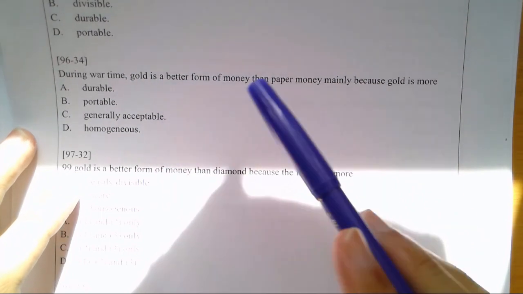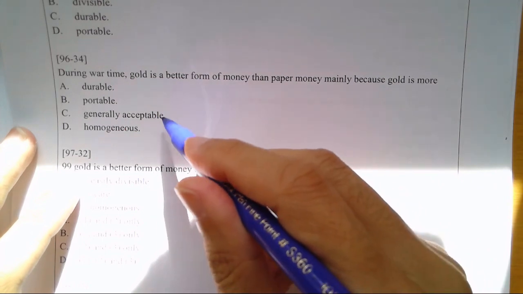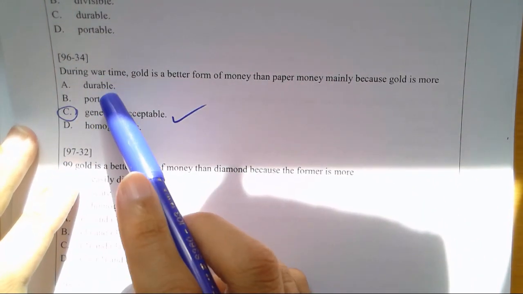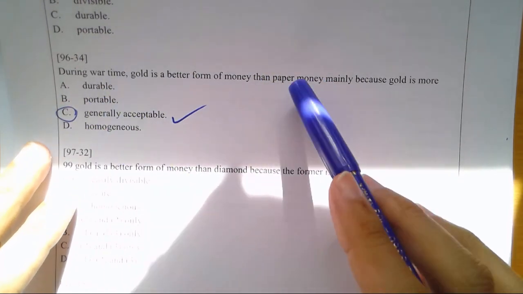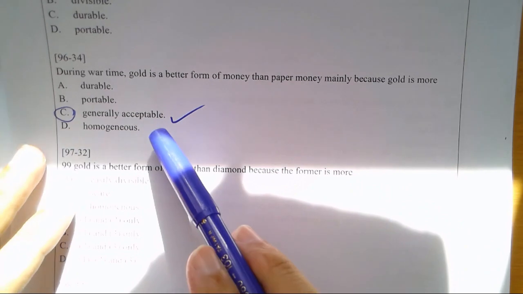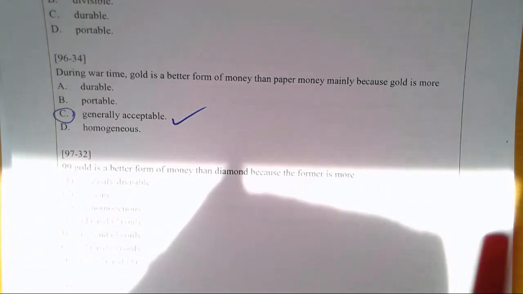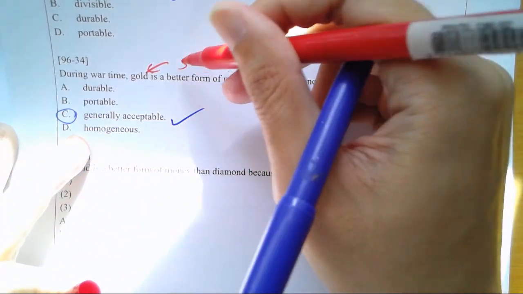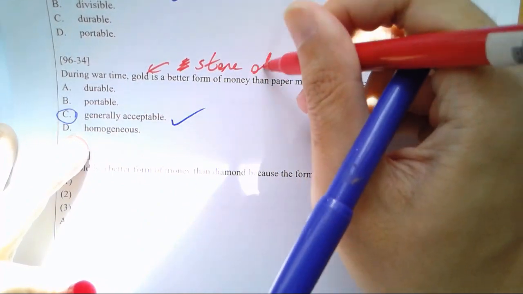Now another one. Now during wartime, gold is a better form of money than paper money. Okay, gold is better than paper because gold is more generally acceptable again. Durable, both are durable. Portable must be paper money, but how come gold is more generally acceptable? Now, because gold has a store of value, right?